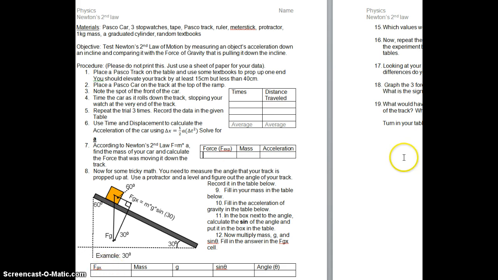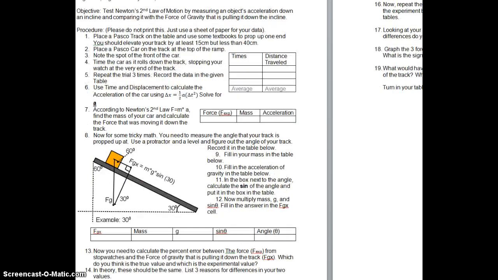Now, let me scroll downward in my worksheet here. Now you need to calculate percent error between experimental force and F_g,x down here. And then of course I have questions for you, which you think is the true value, and in theory they should be the same. List 3 reasons why you think they're not the same.